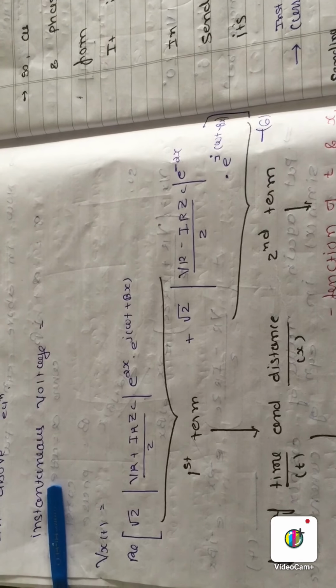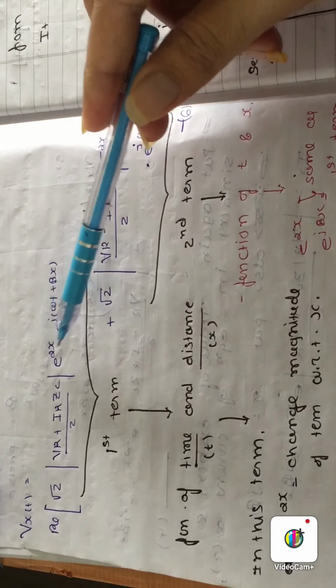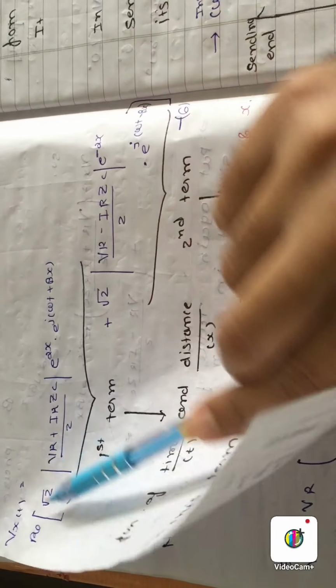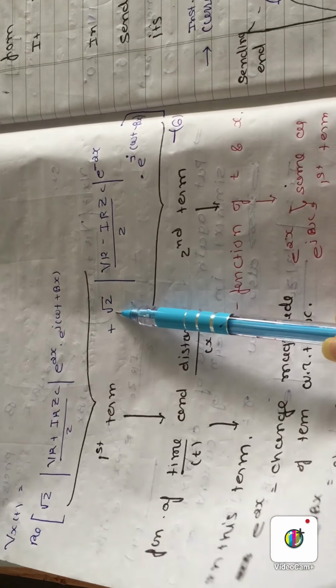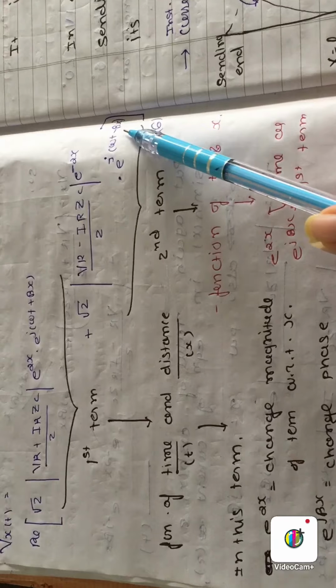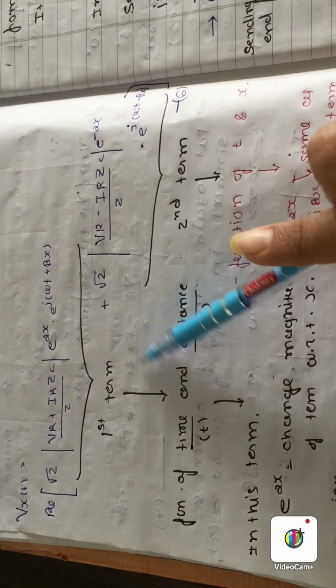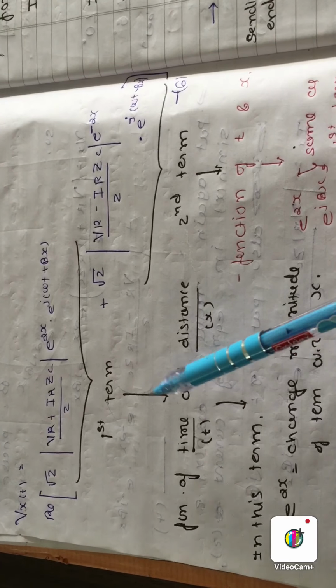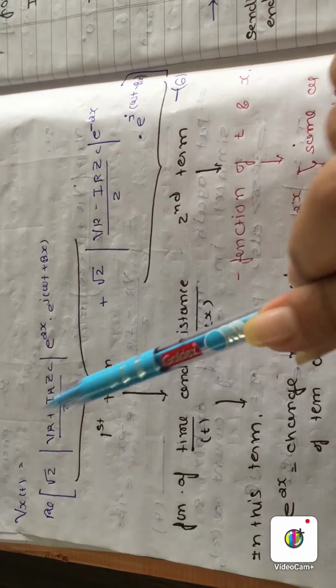Okay, now we will study the first term first. The first term starts from this root and ends here, and the second term starts from here and ends up to there. Now in the first term you can see that two variables are available, so the first term will change according to these variables.